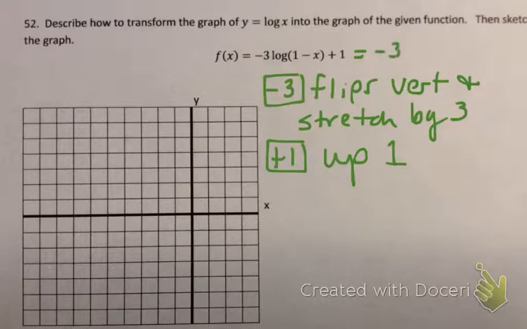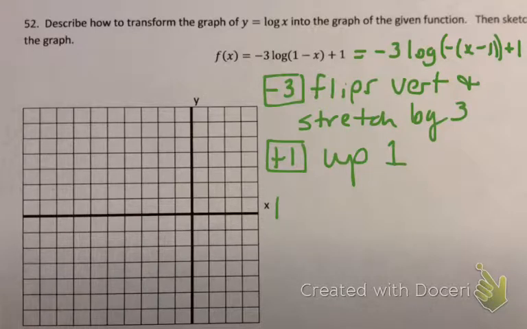So we're going to rewrite our function with the 1 factored out on the inside, which gives us -x minus 1, which helps us to see that that -1 that we just wrote, which was originally in disguise as a +1, is actually going to move the graph to the right.